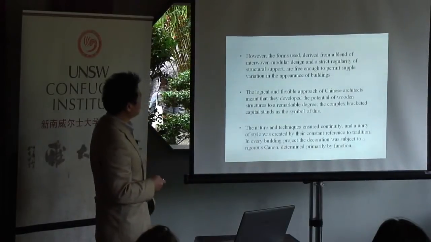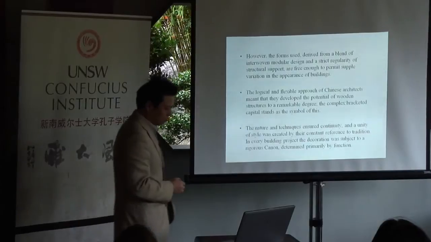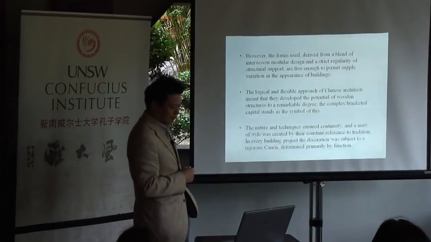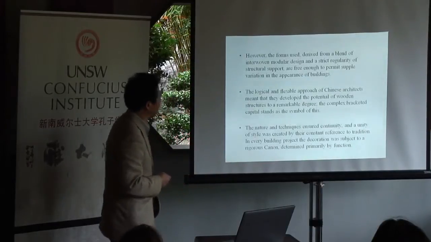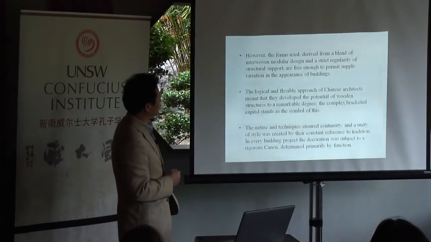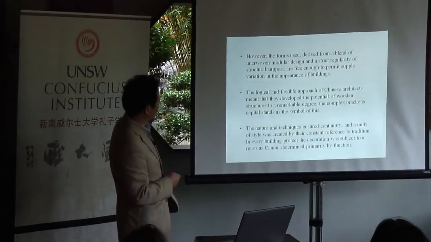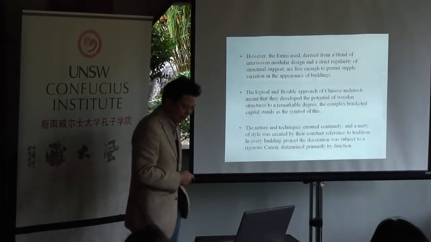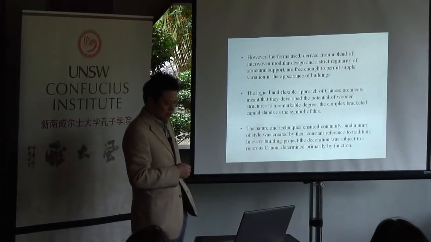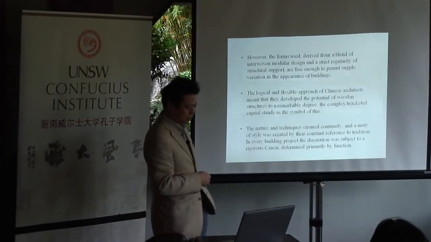However, the form derived from a blend of interwoven module design and strict regulation of structural support is free enough to permit variation in the appearance of buildings. The logic and flexible approach of Chinese architects meant that they developed the proportion of wooden structure to a remarkable degree.